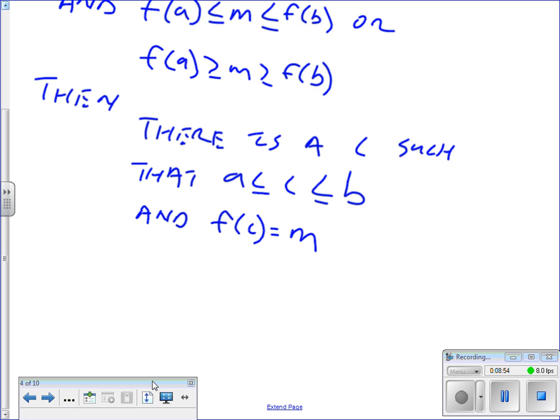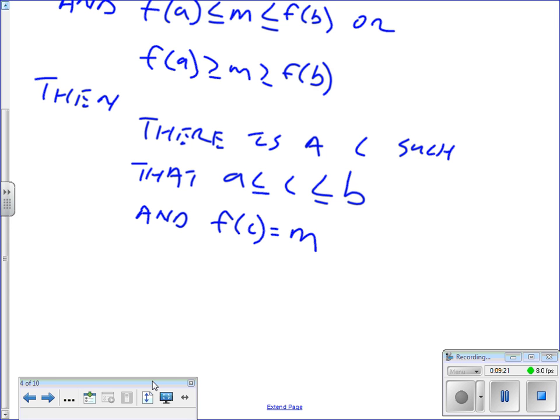So if I go from 5 to 10 on my y coordinates, that means 5.1, 5.2, 5.3, 5.4, every single value between 5 and 10 is somehow produced by that equation between the first x coordinate and the second x coordinate. At least once. Could be more than once, but at least once it happens.